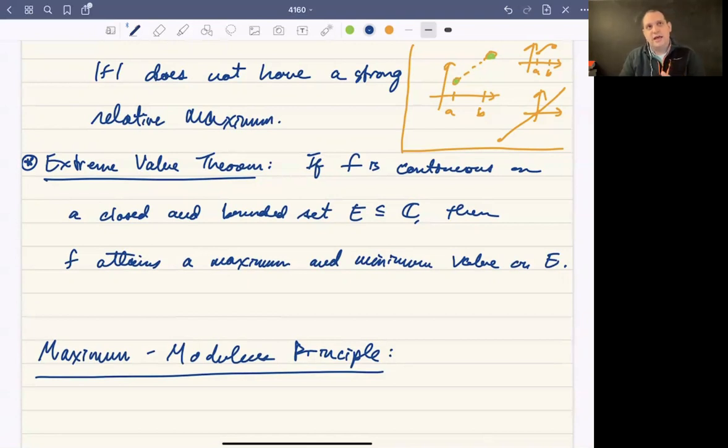But actually more than that, this continuous function achieves its maximum and minimum value. If you think about the image, that image is also going to be closed and bounded. So if you start with a closed and bounded interval, you'll also get a closed and bounded interval, meaning another interval with endpoints. Okay, so this is the extreme value theorem.